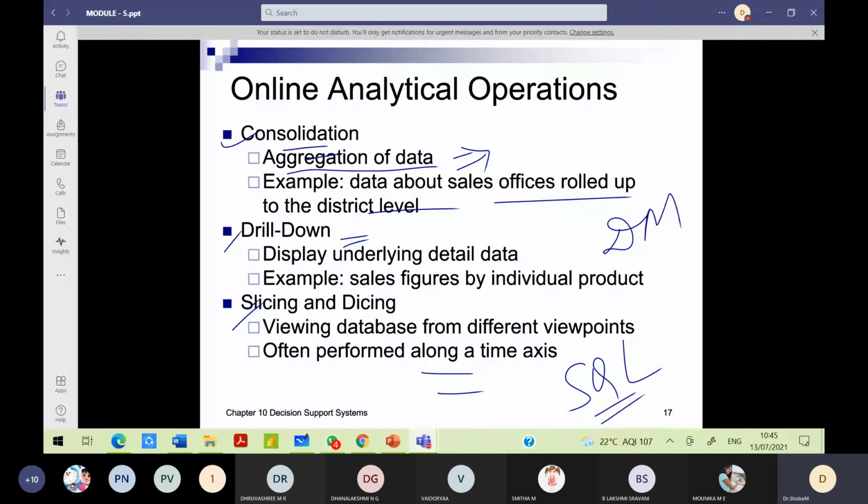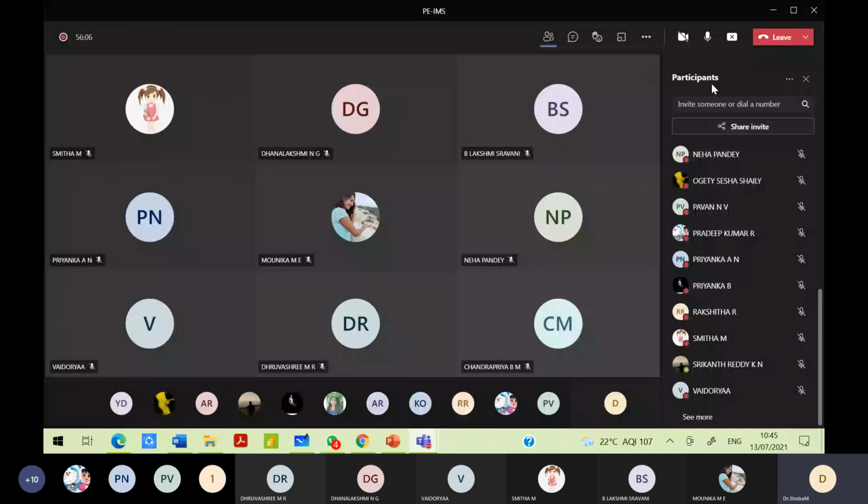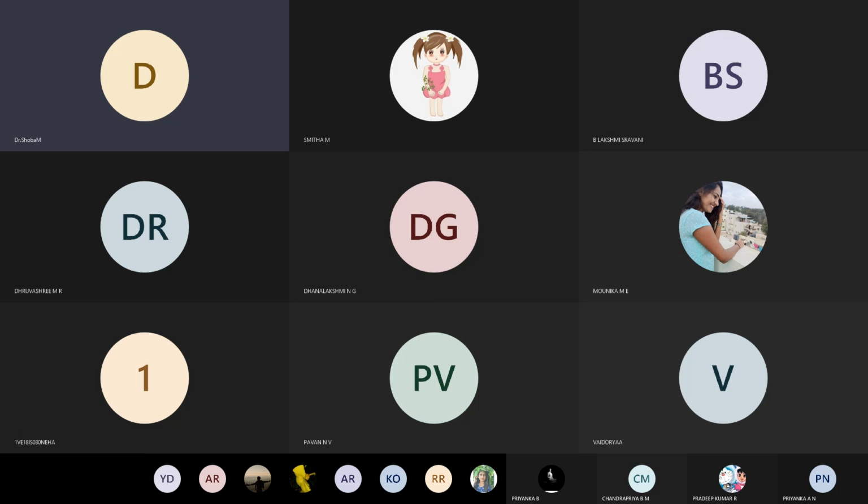Okay students, I think we can stop at this point. That's it from my side today. We have seen the various DSS components.